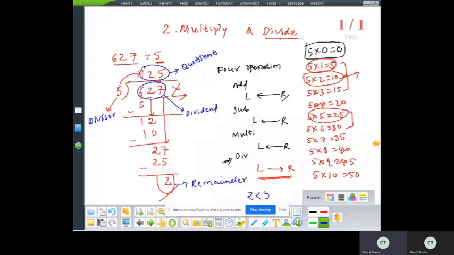This is called division. Division is the process from left to right. The remaining 3 operations, addition, subtraction and multiplication, go right to left, but division goes left to right. These are the labels. 5 is the divisor, 627 is the dividend, 125 is the quotient.